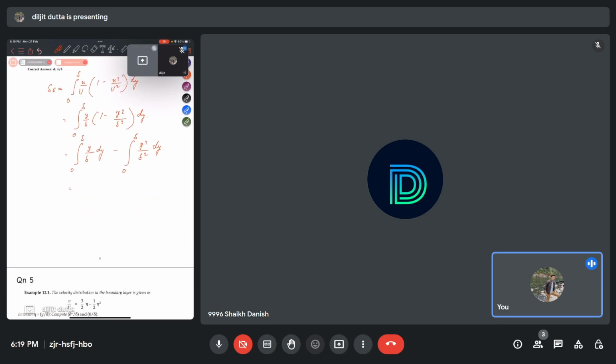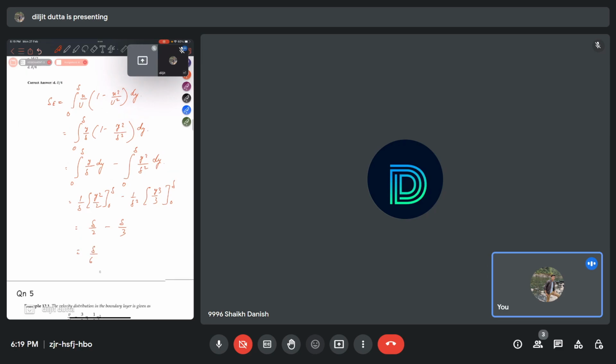So it will be 1 by delta into y cubed by 3, from 0 to delta. So it is delta by 2 minus delta by 3, so it is delta by 6.